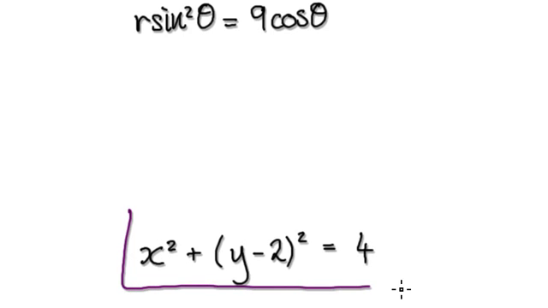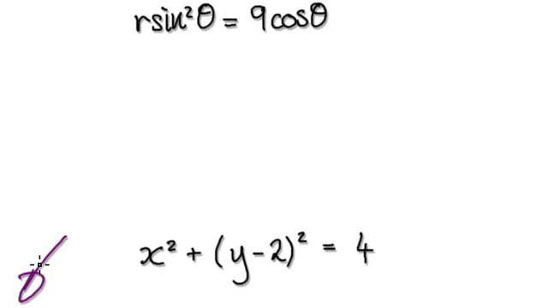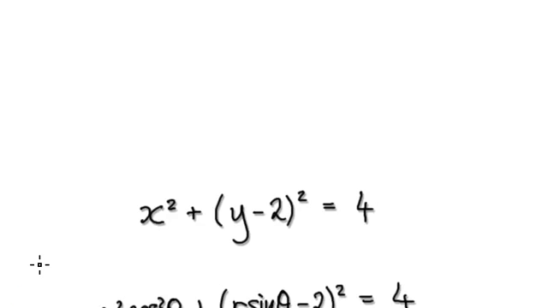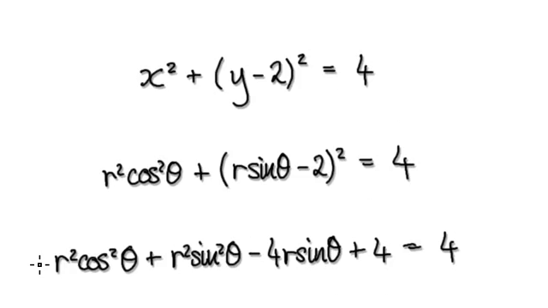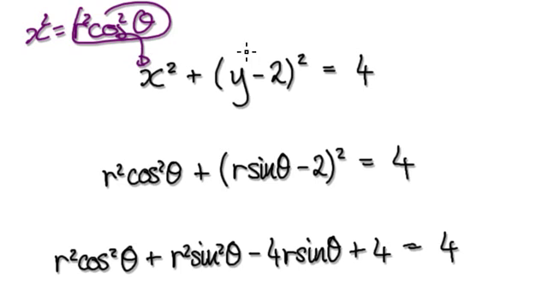Convert this into polar form. So press pause and have a go. Okay, so to do this, x equals r cos theta. So if you square this and then put it into here, and then remember y equals r sine theta.